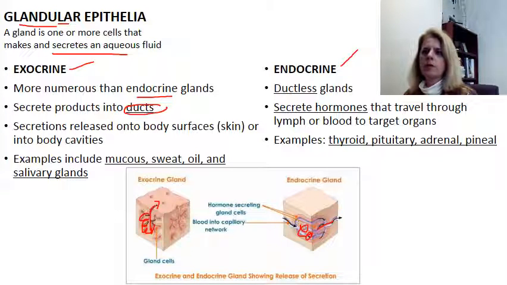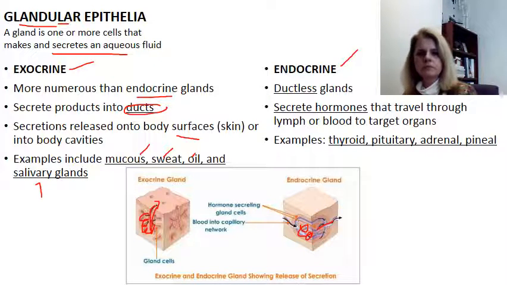So exocrine glands use ducts, and these secretions are released onto a surface, like the skin or a body cavity, like inside the mouth. So saliva would be made inside these glands and then go through a duct and be secreted into the oral cavity. This is done for mucus, sweat, oil. Several different types of exocrine secretions are made by our bodies.